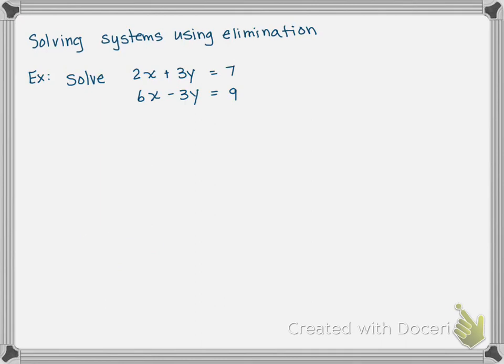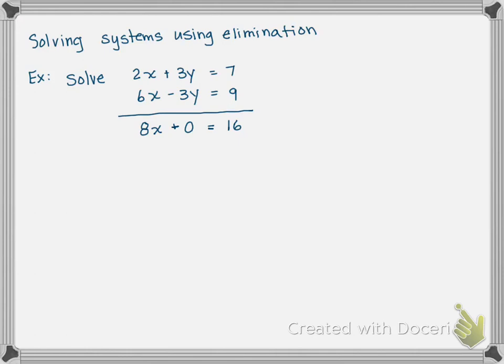But when we have a system of equations and we have two variables so we can't solve, if we add these two equations together, well, 2x plus 6x is 8x, and 3y plus negative 3y is just 0, and then 7 plus 9 is 16, and we've accomplished the same thing we did yesterday with substitution, which is to end up with an equation that only has one variable in it.